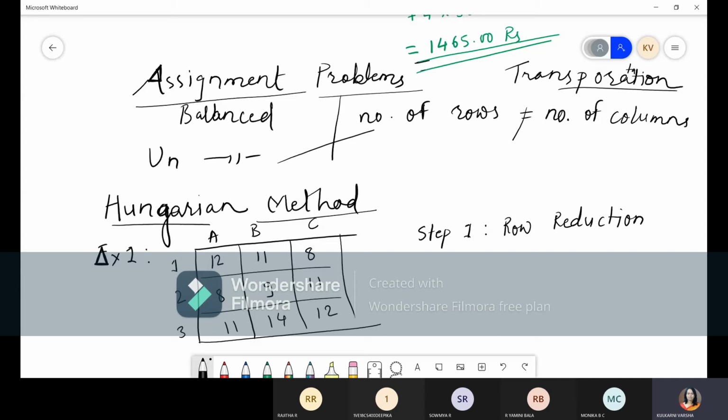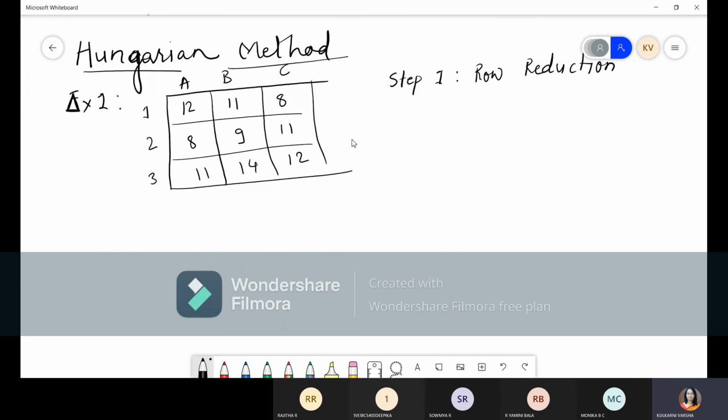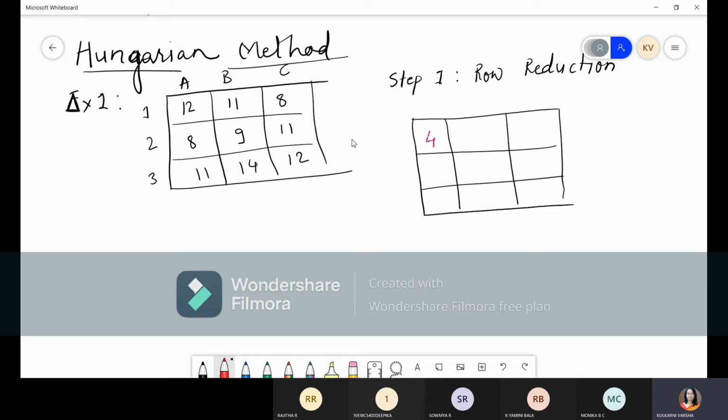In the first row, the minimum element is 8. We take this 8 and subtract it from the elements of the same row: 12 minus 8 is 4, 11 minus 8 is 3, 8 minus 8 is 0.